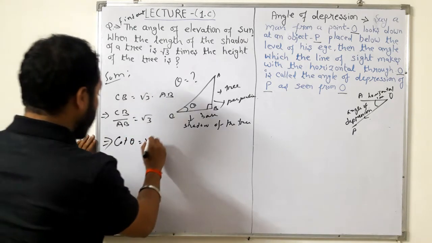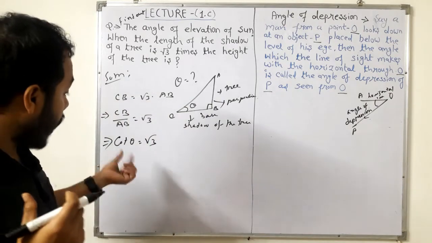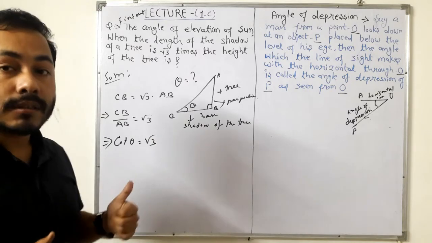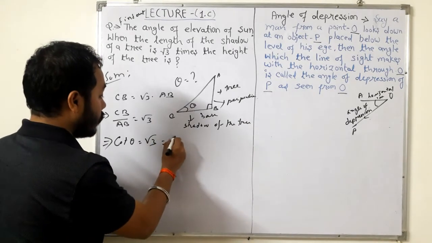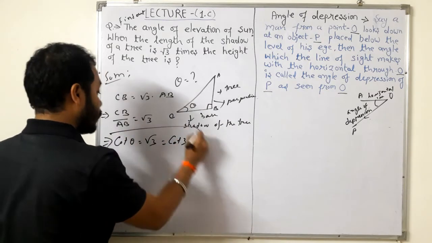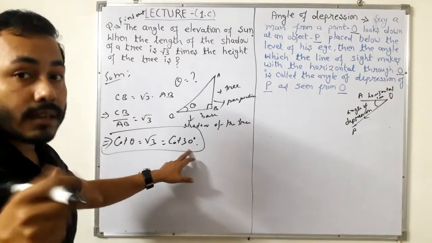Now cot theta is equal to root 3. What is the angle whose cot is root 3? Yeah, that is cot of 30 degrees. And this table I have already given in the description box of lecture 1A.